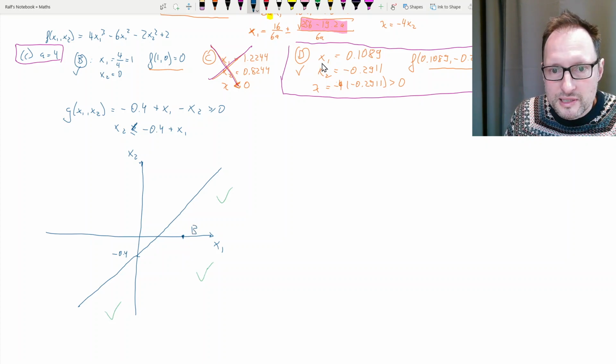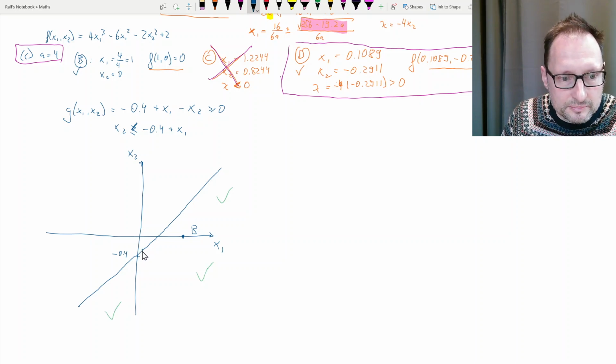What about point D? Point D is somewhere here. Okay. About 0.1 for x1. So this was 1, 0. And negative 0.3 for x2. So this one here was point D. Okay.